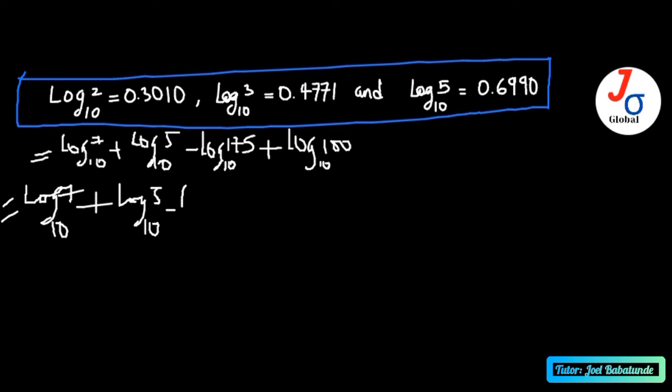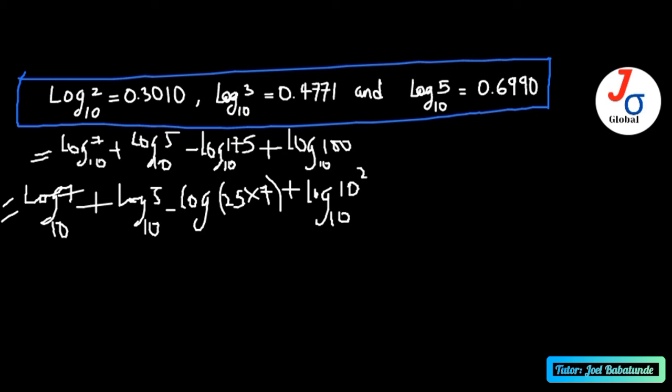So I'm going to have log of 25 multiplied by 7, and plus log 10 to the power of 2, which is 100.